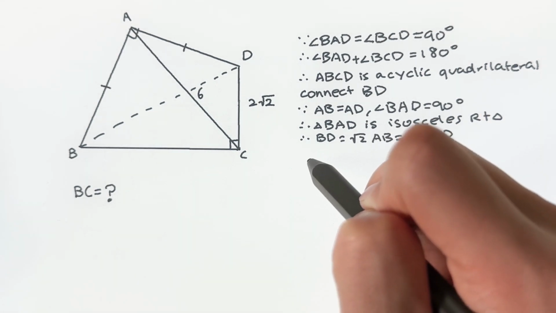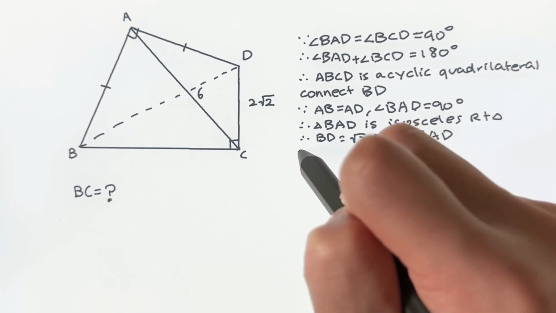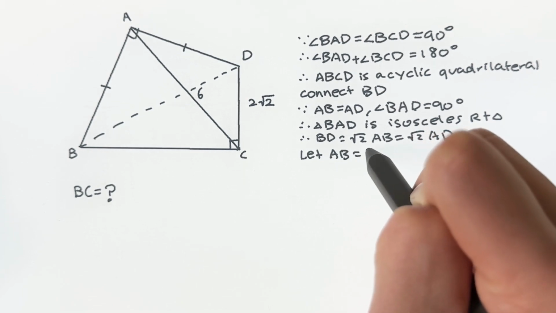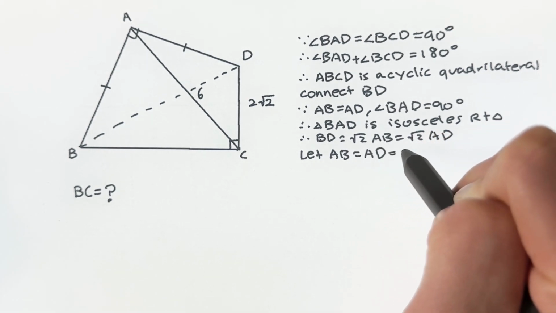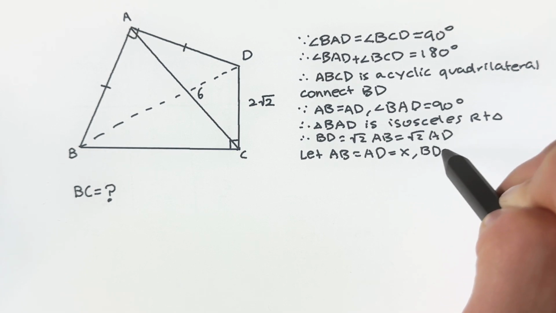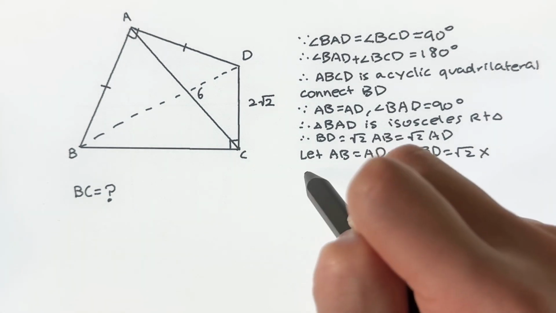One more step before directly applying this theorem. To make our calculations easier, we can set AB and AD as a variable x. Then BD will equal square root 2 x. Then we can apply the theorem.